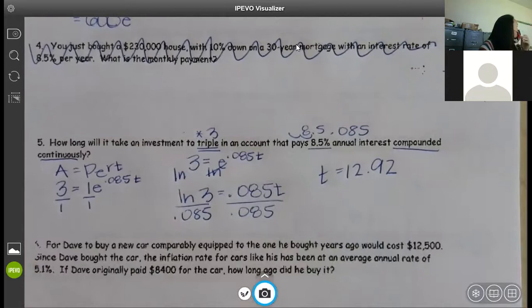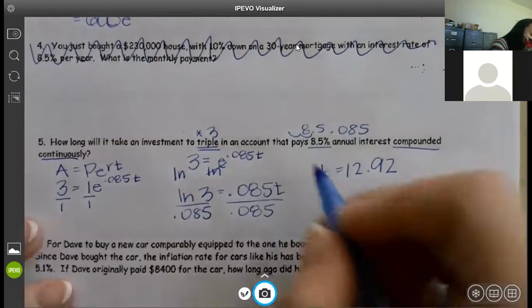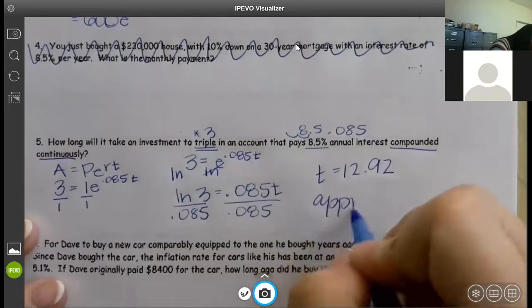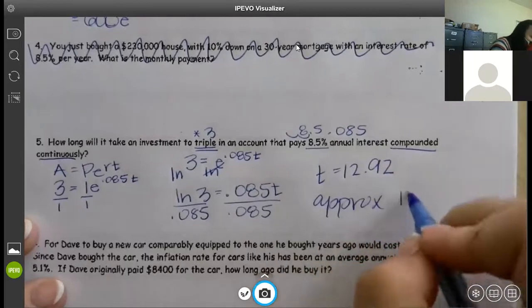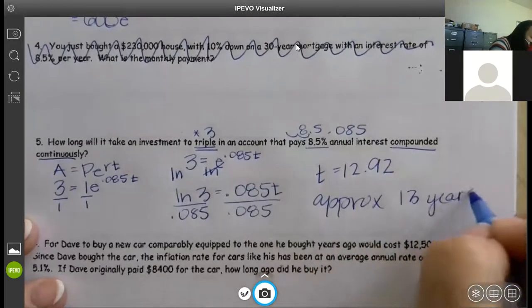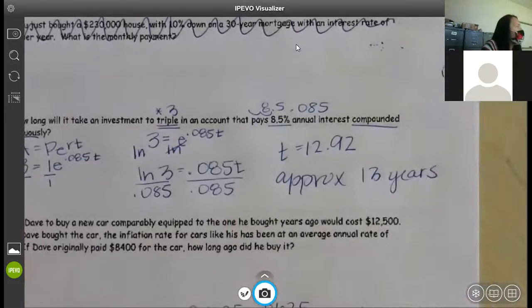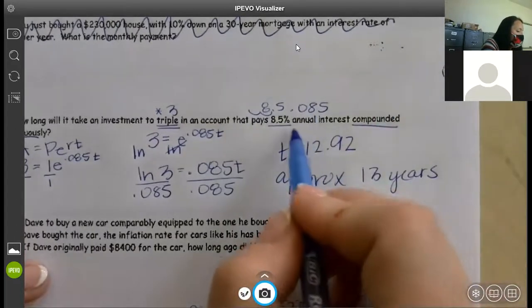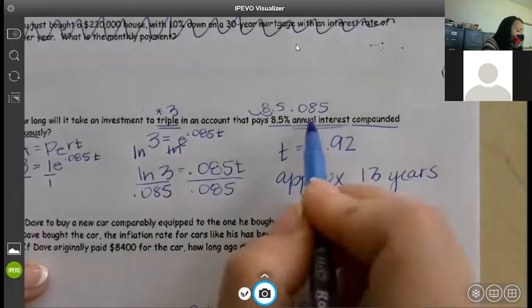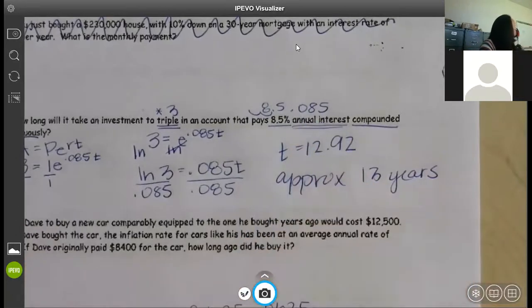Yeah, pretty much 13 years. So they'll probably approximate this to say approximately. And how do you know it's 13 years and not like days or months or whatever? What does it tell you? Right here. How many times a year do you get an annual or a yearbook? One. It's every year. Okay, once a year. So approximately 13 years.